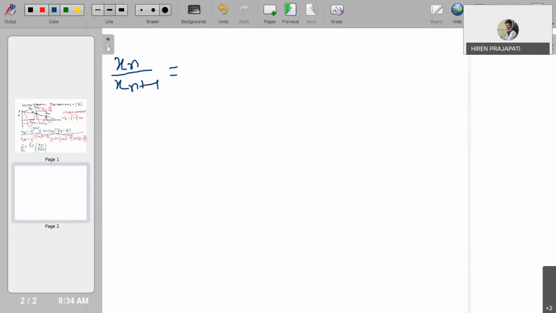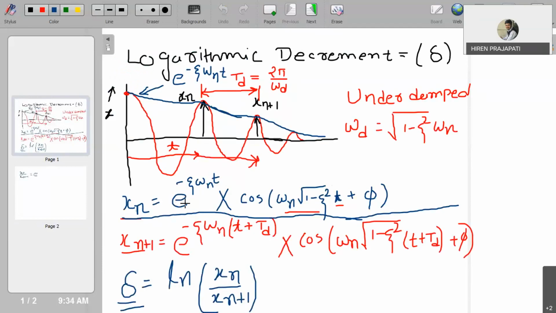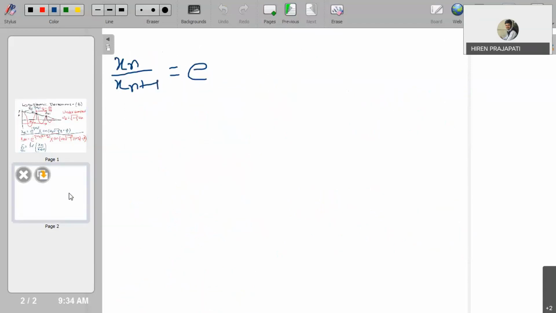Then this equals e, and after subtraction, e will be to the power plus zeta omega n Td, right?